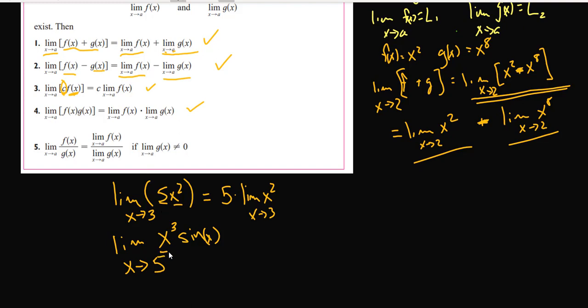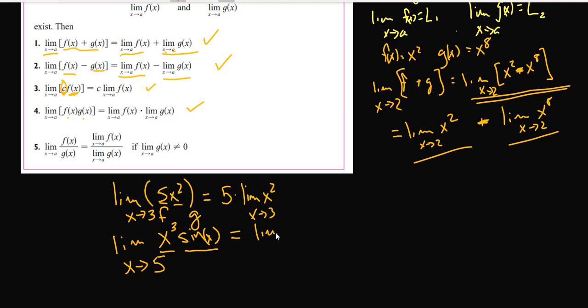We say this is one function times another function. So we could call this function f and this function g. This rule says if you have one function times another, and you're asking for the limit of that product, which is what we have here, we have an f function, x cubed, and a g function, sine of x, and we want the limit of its product, we can rewrite it. Maybe it will make it simpler, maybe it won't, but maybe it will.